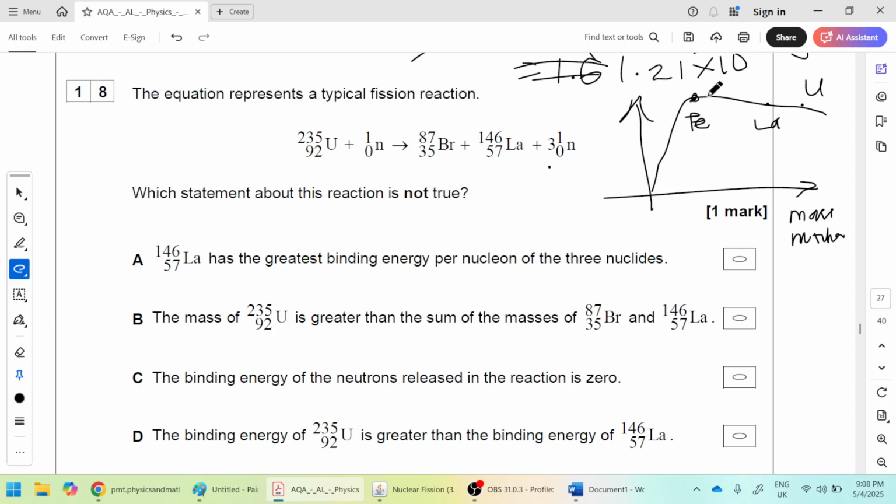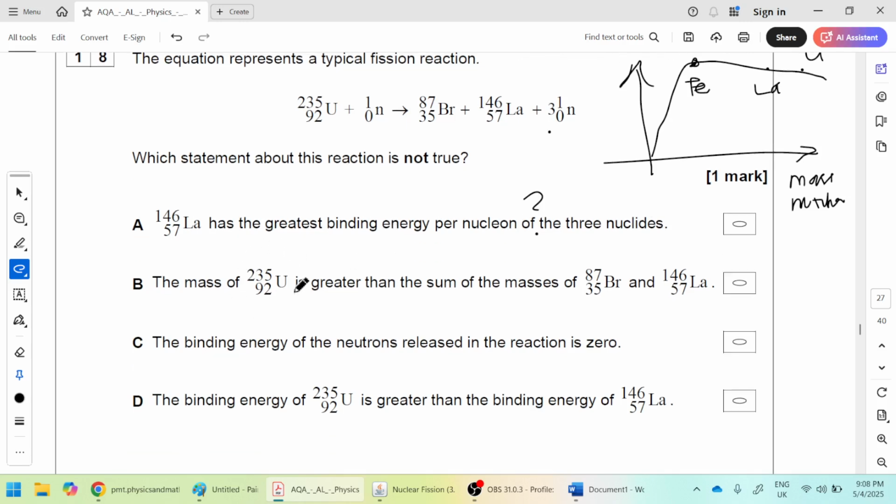I think about the periodic table, the top is fluorine, chlorine, bromine, iodine. Iron is in the transition metals, so somewhere here, isn't it? Maybe bromine is somewhere here. I'm not sure. So there's a case for saying that this has the greatest binding energy per nucleon. Maybe, right?